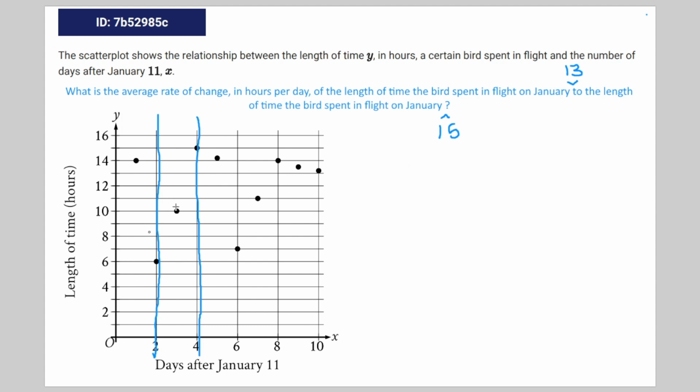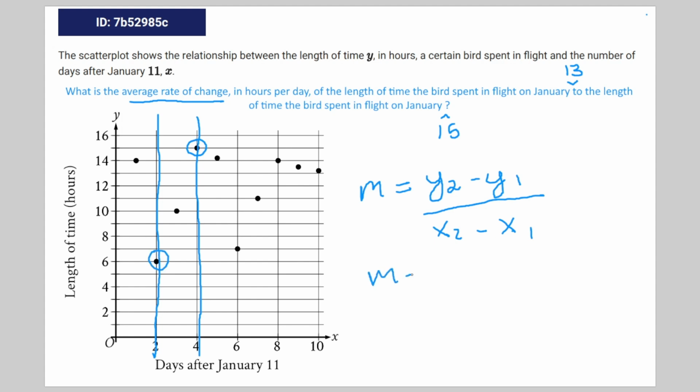And to find the slope, which is to say the average rate of change, is going to be the rise, which is to say y2 minus y1, over the run, which is x2 minus x1. In this situation, we're going to look at these 2 points.